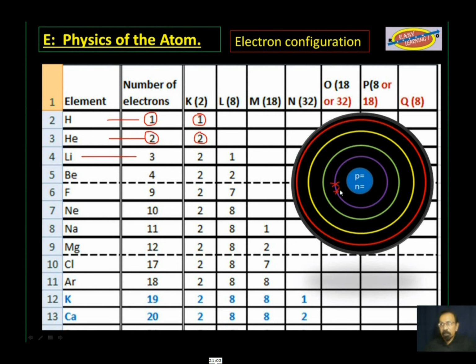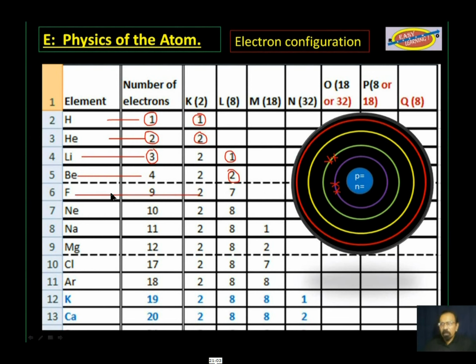But then we come to lithium, which has 3 electrons. 2 would fit as we see here, and this third one will fit over here. If we go to beryllium with 4 electrons, we will have those 2 there, and we will have 2 here in the L shell, the second shell, and so on.